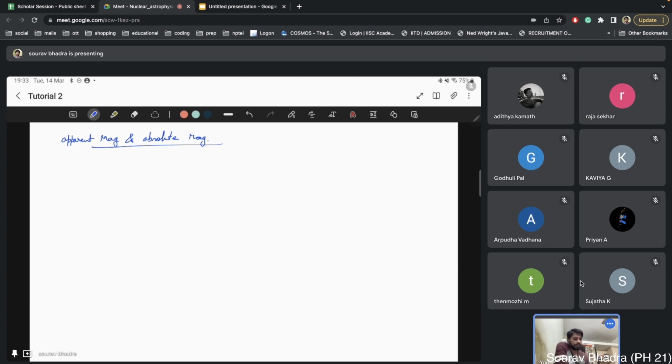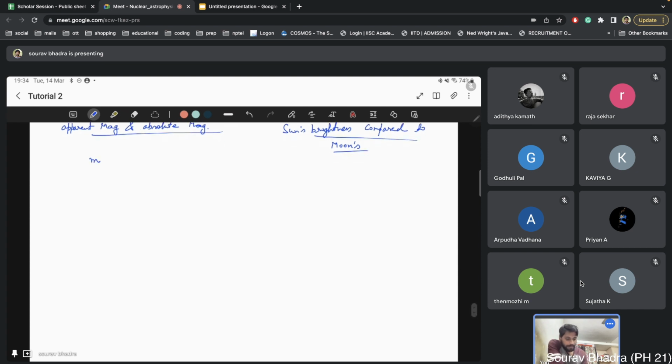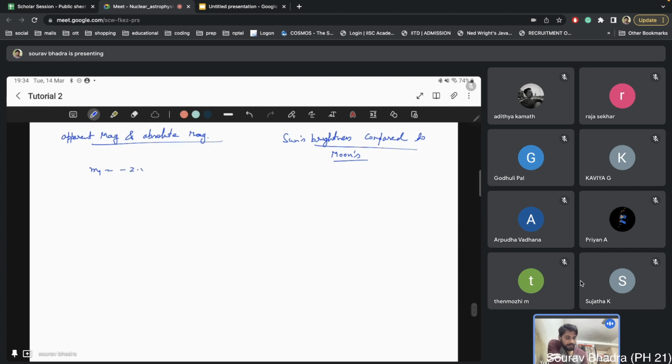So the sun's brightness compared to the moon. So m1 is equal to minus 2.5. This will be done by apparent magnitude itself, no problem.